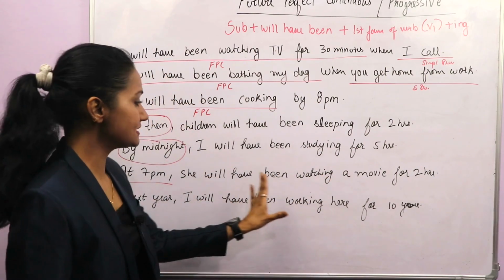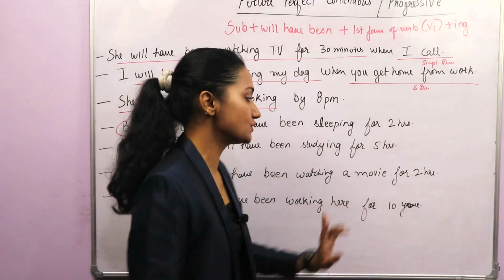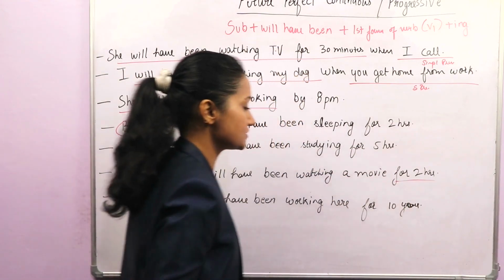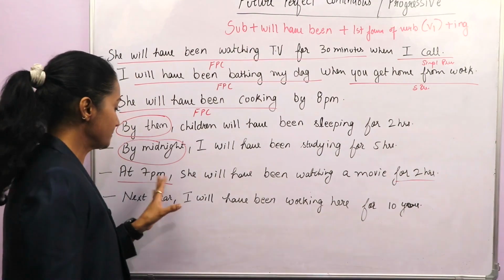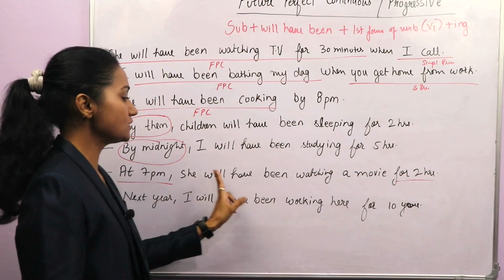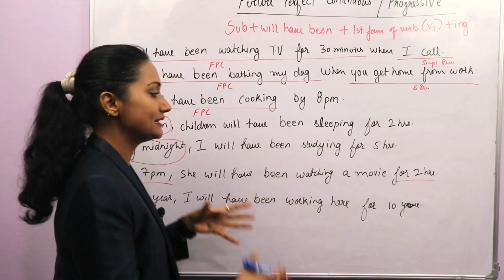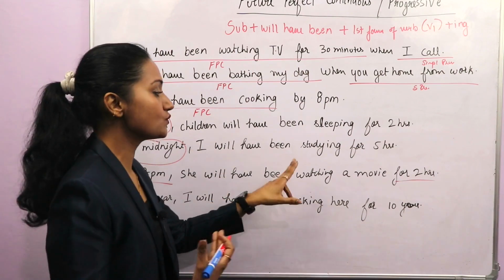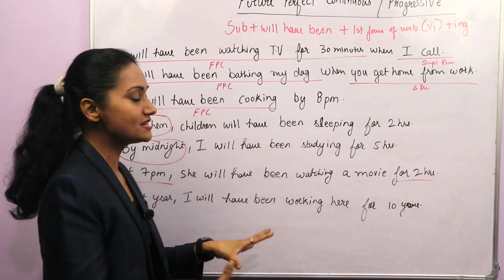Sometimes you might see a sentence wherein you do not have this duration, for 2 hours or for 5 hours. But if it is written she will have been watching a movie, that means the action of watching will have been going on.